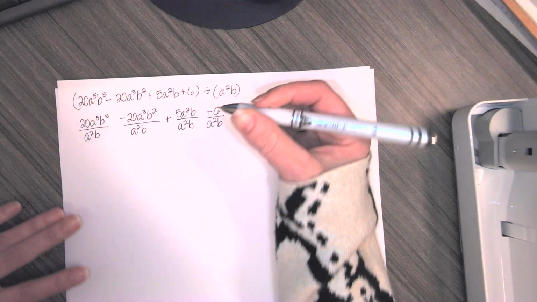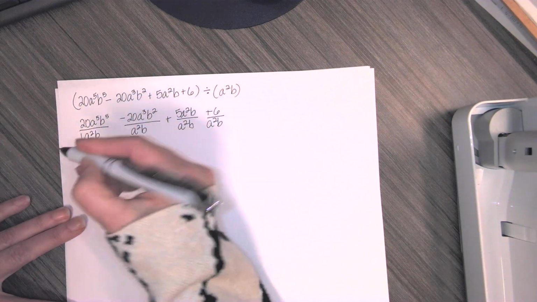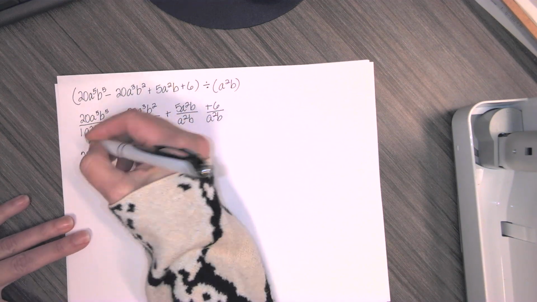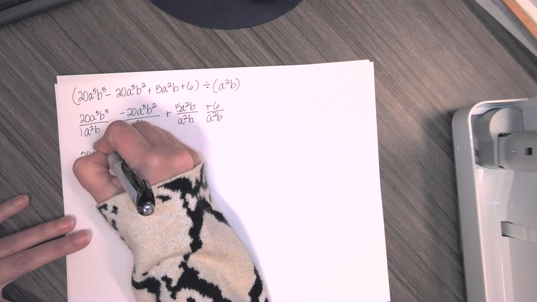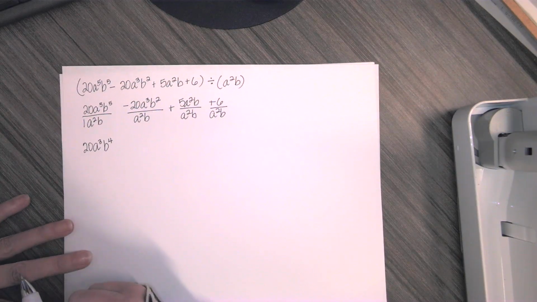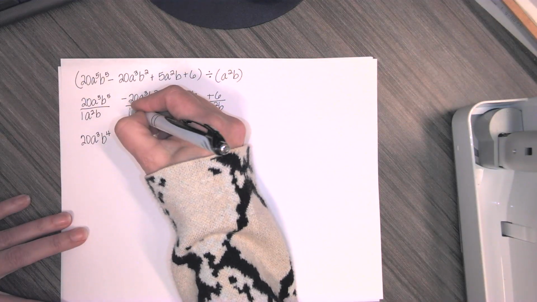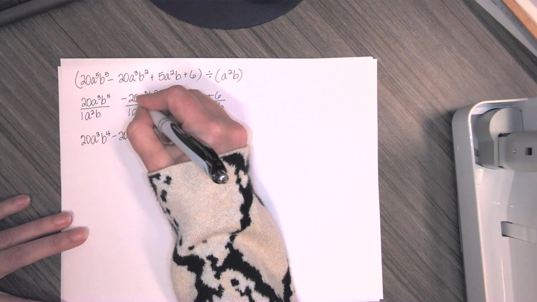All right, so this is an understood 1 here. 20 divided by 1 is 20. Subtract your exponents for your a's and subtract your exponents for your b's, and you'll get 20a cubed b to the 4th. Again, this is an understood 1. Negative 20 divided by 1 is negative 20.